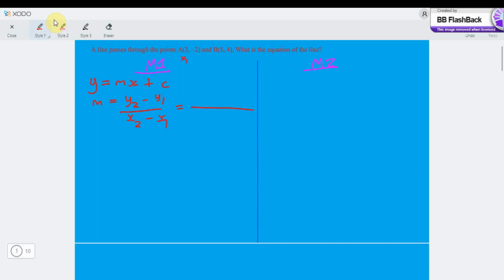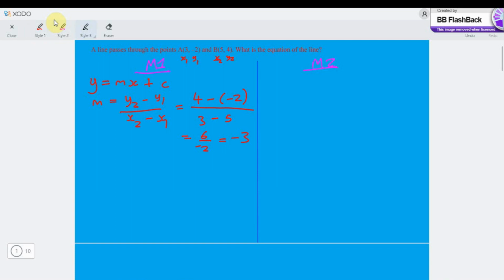In this case, this is your x1, this is your x2, this is your y1, this is your y2. So it's 4 minus -2 over 3 minus 5. 4 minus -2 is 6, divided by 3 minus 5, which is -2. 6 over -2 is minus 3.